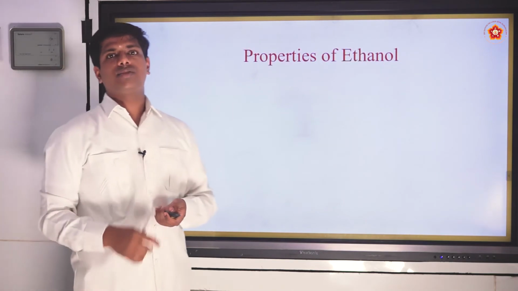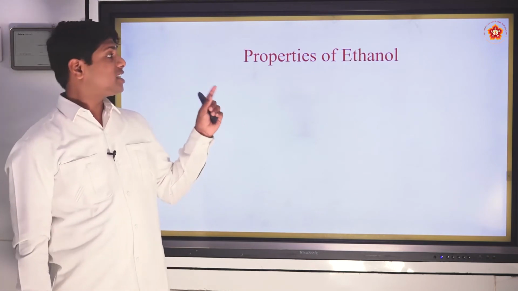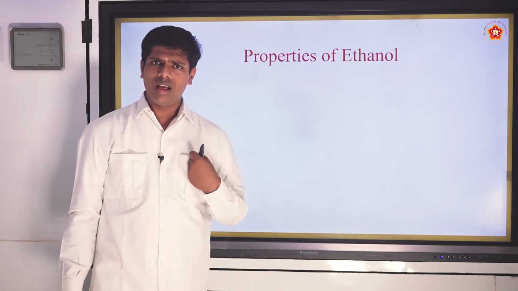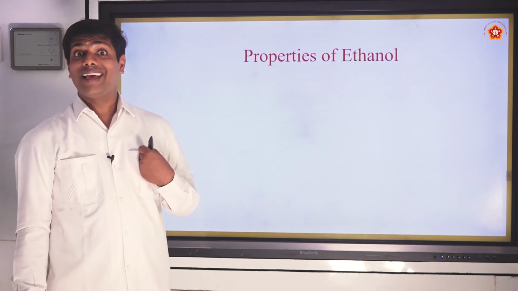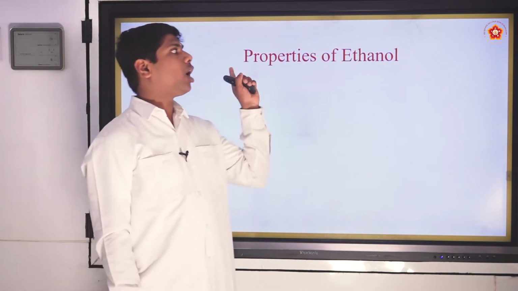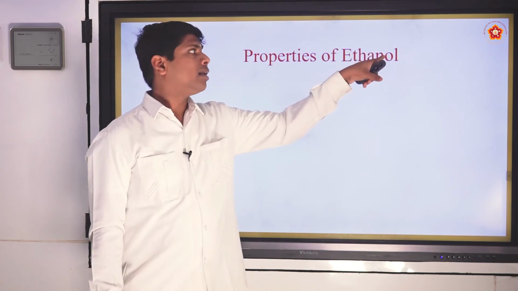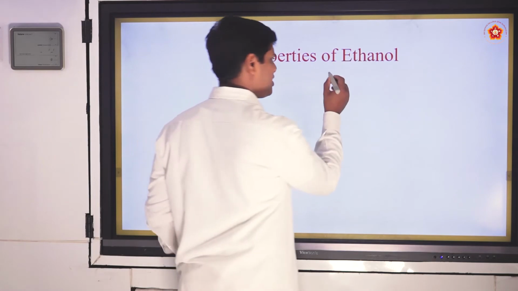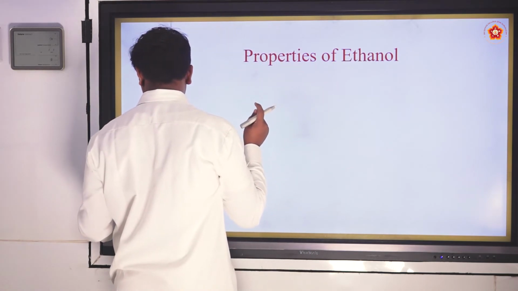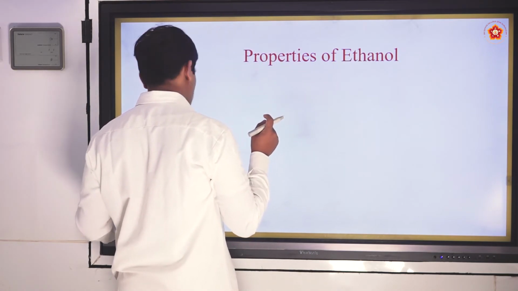Next, the last thing we are going to learn is the properties of ethanol. What is ethanol? Is it an alcohol or a carboxylic acid, children? Yes, good. It is an alcohol, ethanol. What is the formula, children? C2H5OH.